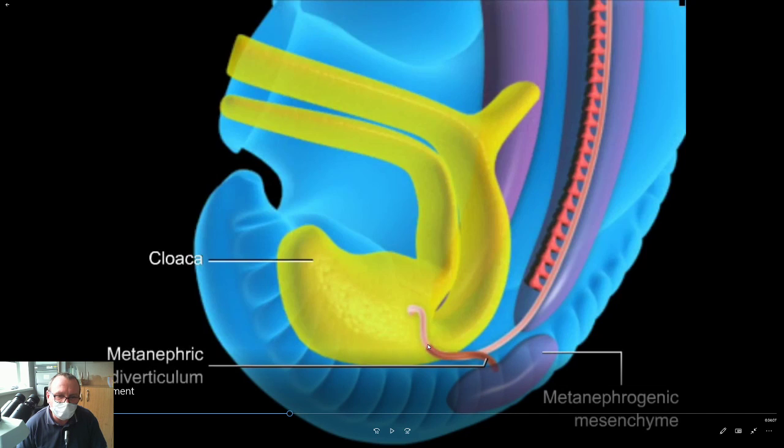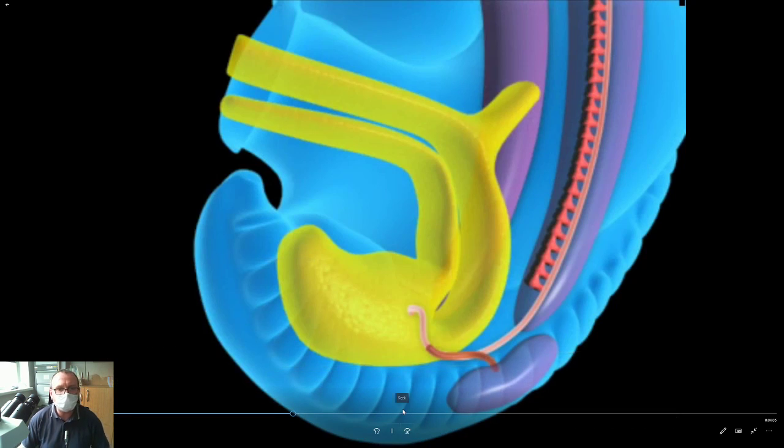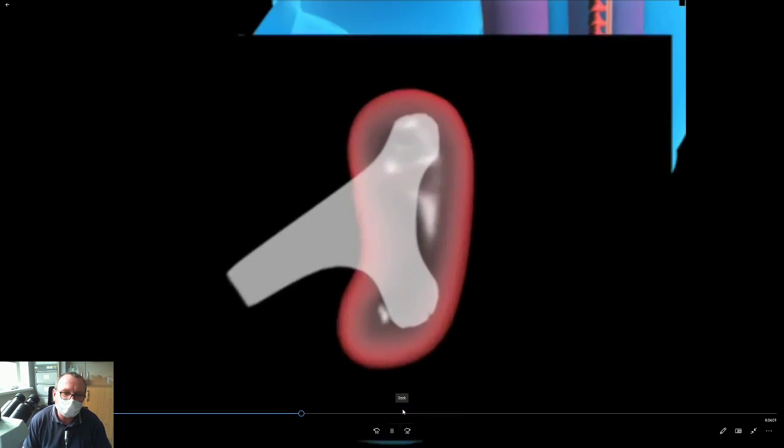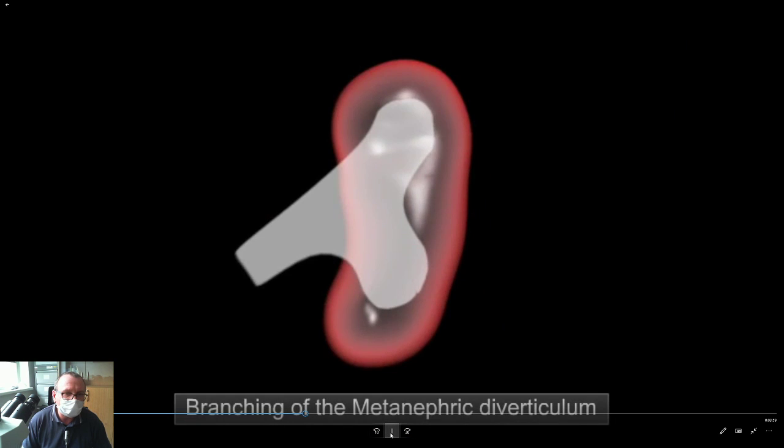So it develops from the same source as the mesonephric duct, that means still from the intermediate mesoderm. And this diverticle is growing to the tissue of the metanephros, which is waiting, which doesn't do anything. We will see what this ureteric diverticle is doing.